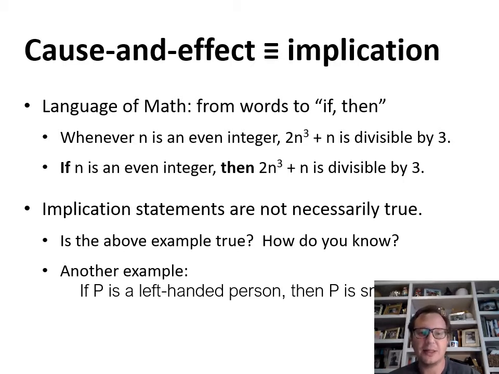So we can ask ourselves, is the above example true? So how would we go about testing this? Well, one thing we can do is plug in a couple of even integers and see whether this holds. And if we try doing that, it seems that it holds.